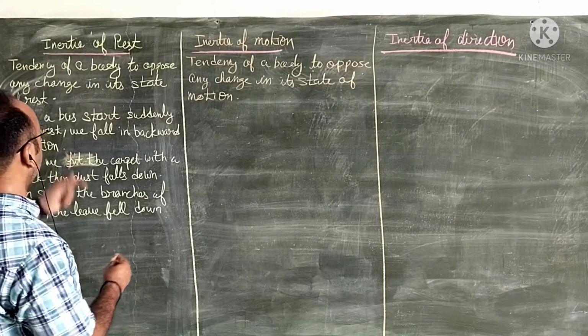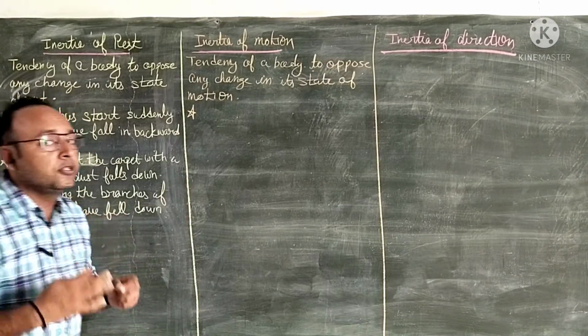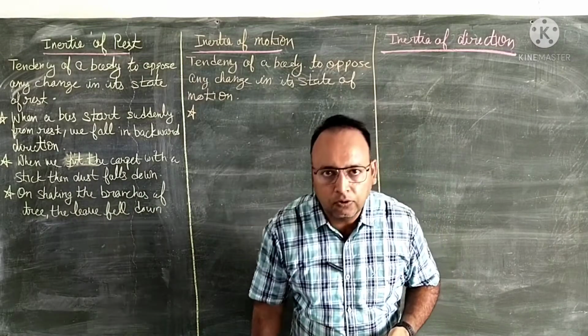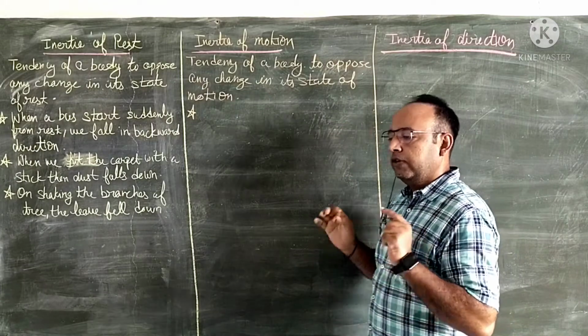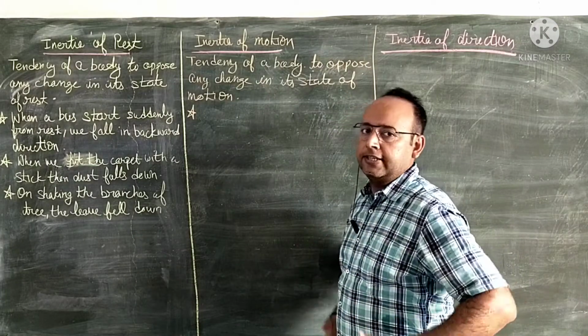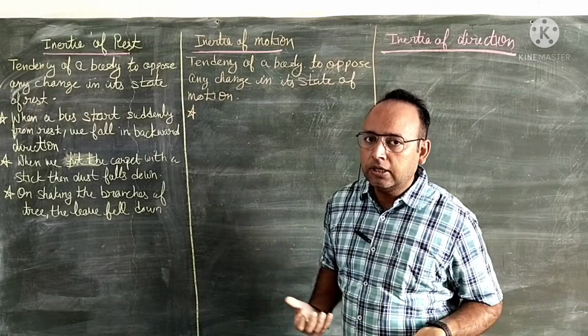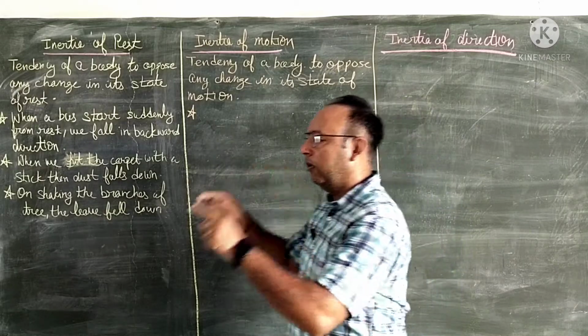I am taking the example of the bus only. Now, when the moving bus stops or the driver applies the brake suddenly, what happens? We fall forward. Why? Same explanation, due to inertia of motion. We are sitting in the bus, the region below the waist is in contact with the bus, but the region above the waist is not in direct contact. So it tries to remain in motion due to inertia of motion and we fall forward.